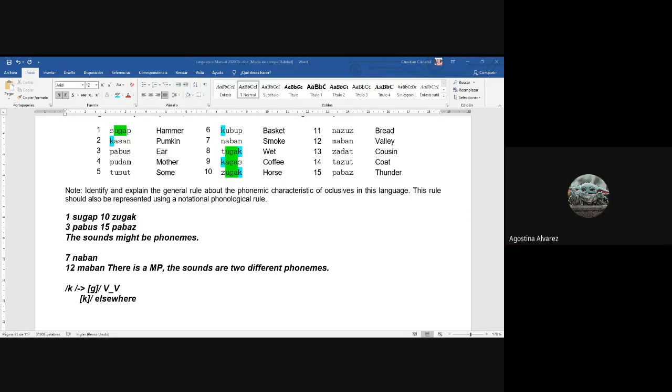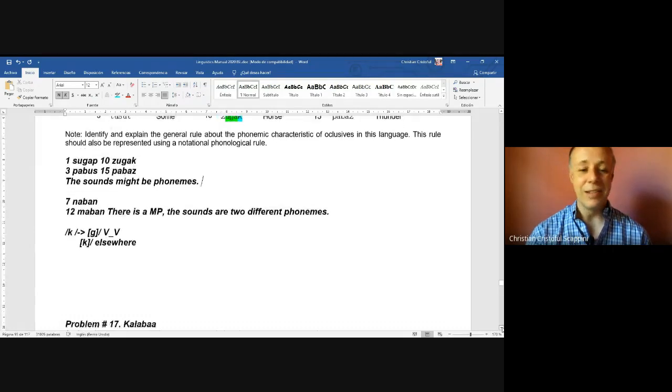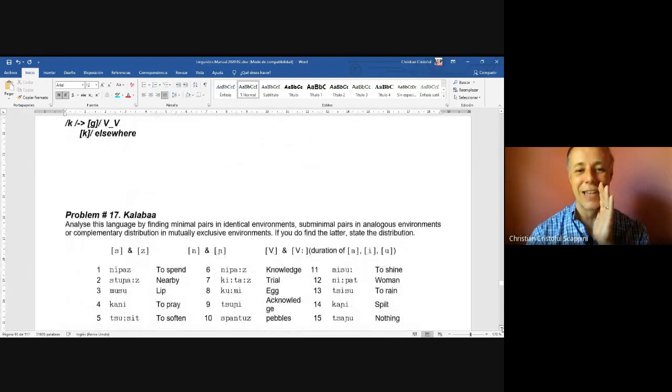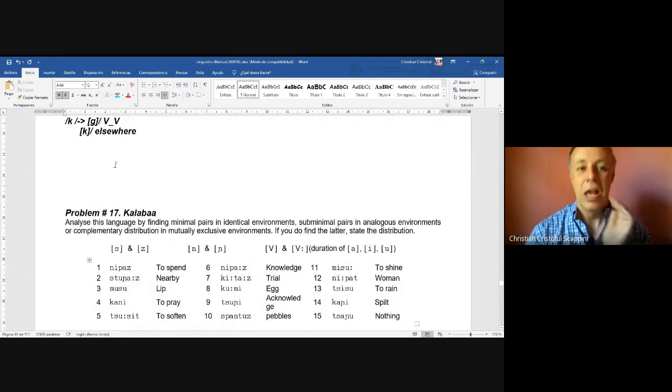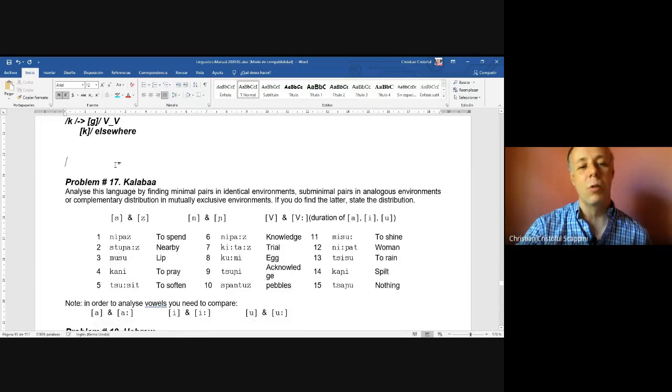Professor, could we do the next one? Yes, the same language, right? Yes. Okay, let's do it. This is very interesting because it is the same language and the same pair of sounds, the S and the Z again. And this is what happens to all linguists.